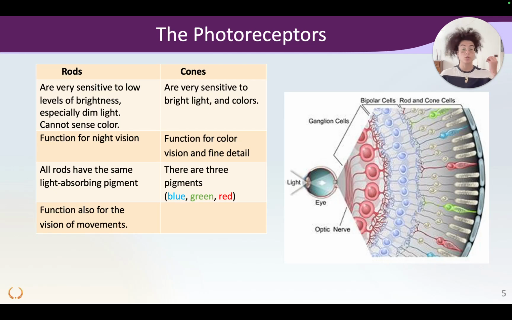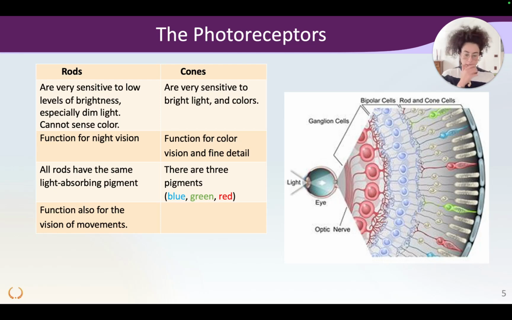They allow us to see fine details, and they have three pigments, which are blue, green, and red. Now, remember that we have our sharpest vision in the fovea. Well, that is because we have way more cones in the fovea than outside.